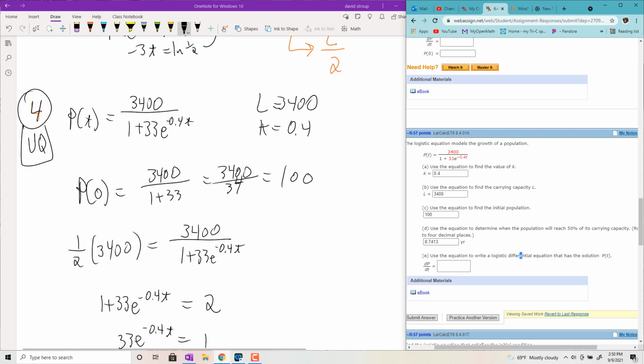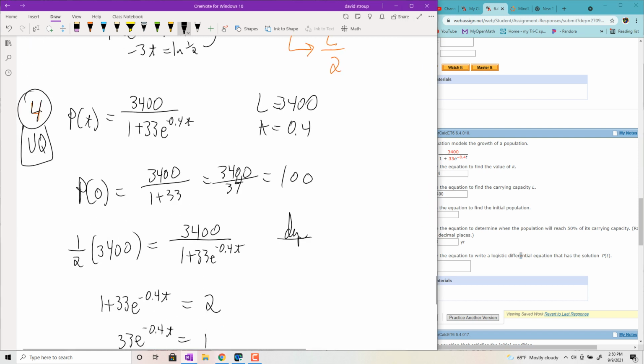That's easy because we have all the information we need. So it's dy over, or dp. Be careful, they're going to want everything in terms of P. So dP over dt equals 0.4y times 1 minus y all over 3400.